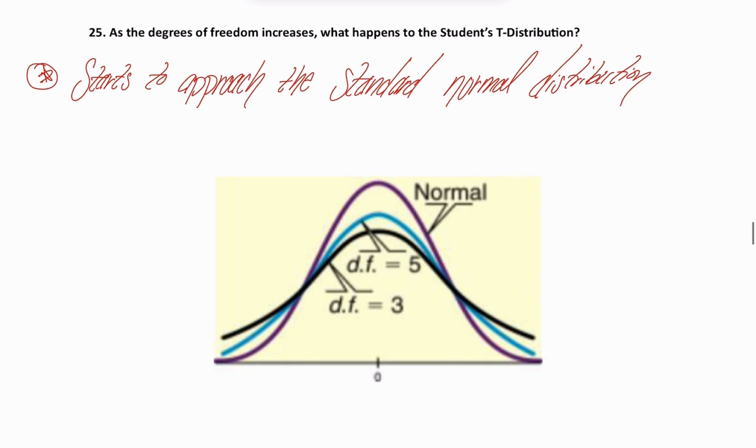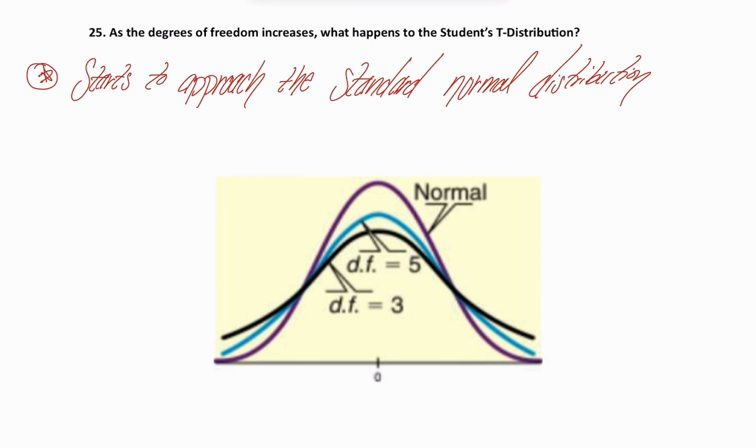The student's t-distribution is derived from the standard normal distribution, and it was a derivation that had less strict properties, so that it can be applied in scenarios where you have a smaller sample size, or a sample that's not as strictly defined by the normal distribution, for lack of better words.